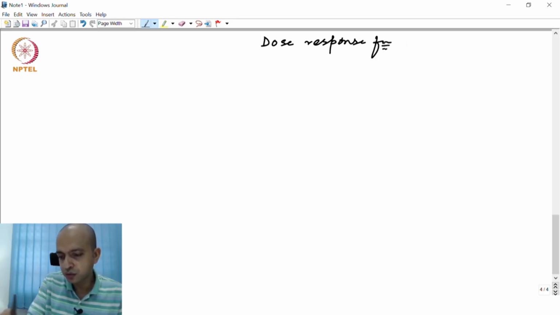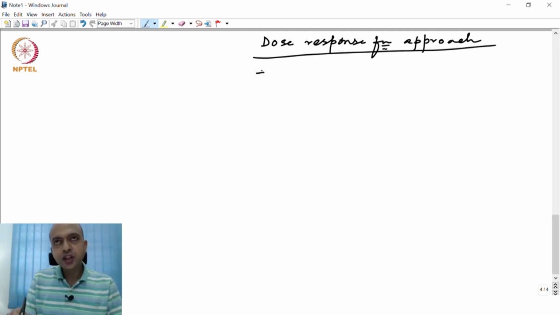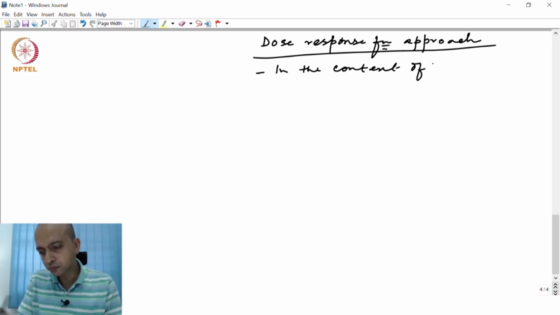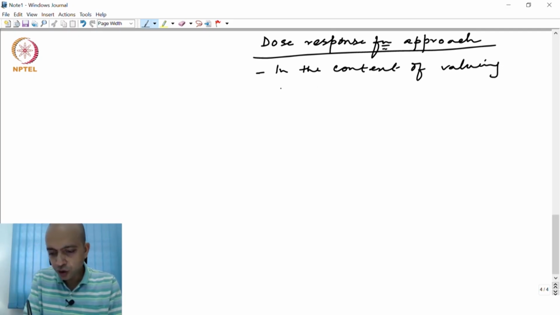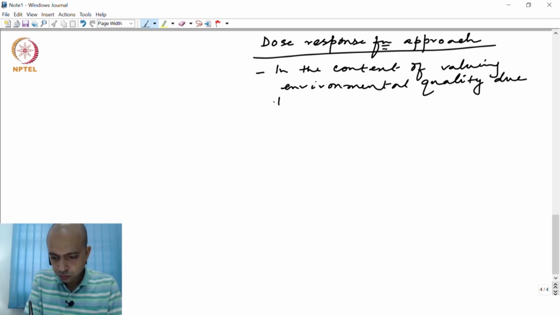It is basically applied in the context of valuing environmental quality due to pollution.